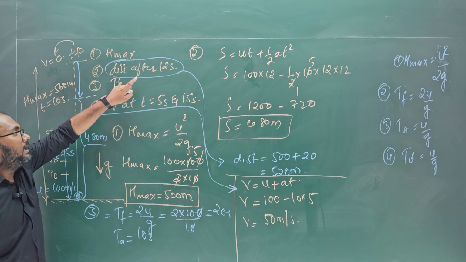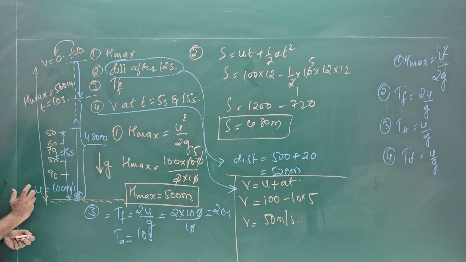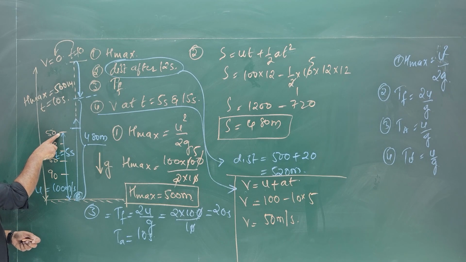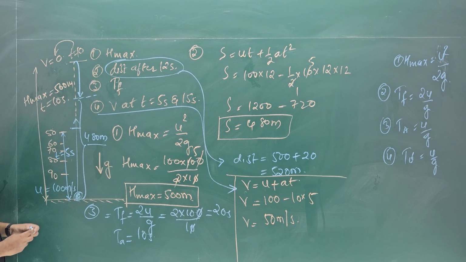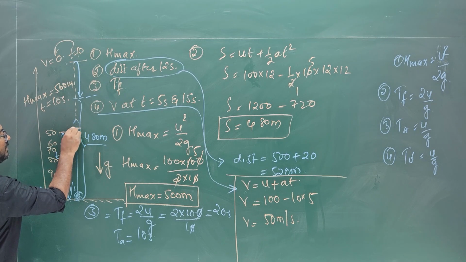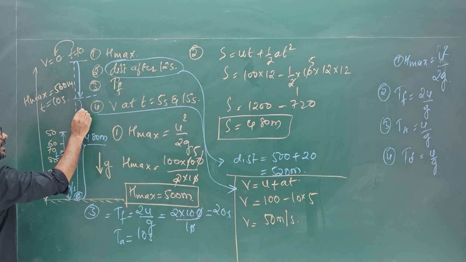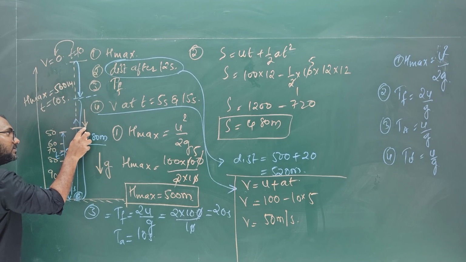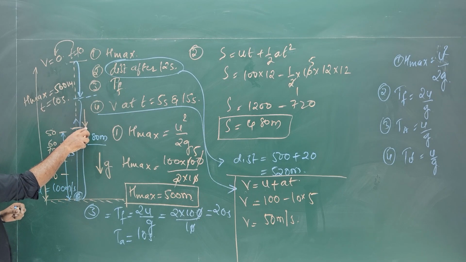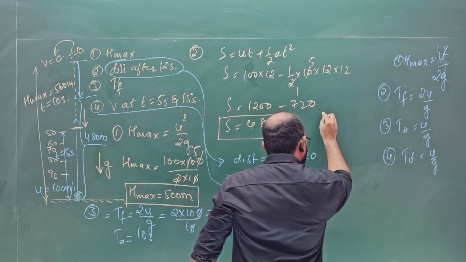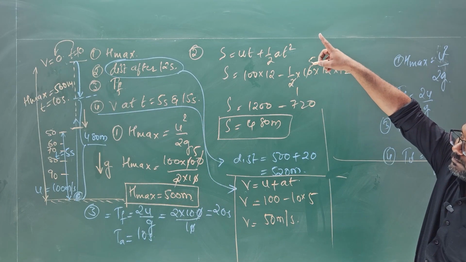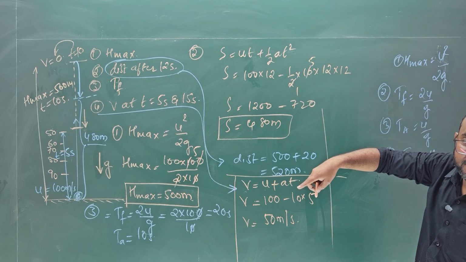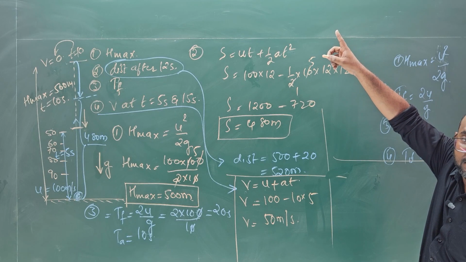Similarly, I already told you that if you calculate the velocity at this point, the same will be the velocity when the object is returning. At this point, if I am saying the velocity is 50 meter per second, while returning also the velocity at this point should be 50 only. Let us calculate that also and see. Now, from the h max returning back, initial velocity becomes 0. Yes or no?